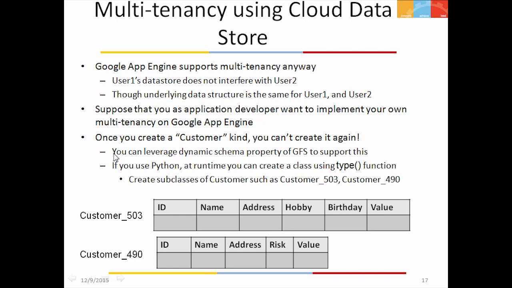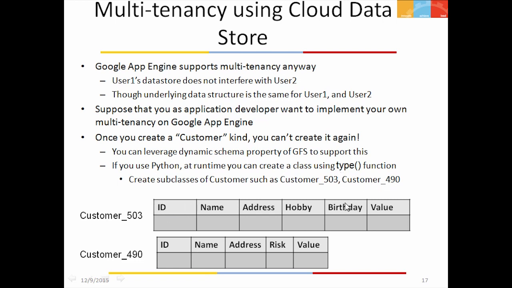For example, you can start with a clean customer kind having possibly a basic data set, but you can dynamically create subclasses of the customer type, say customer_503 or customer_490, using this type function.